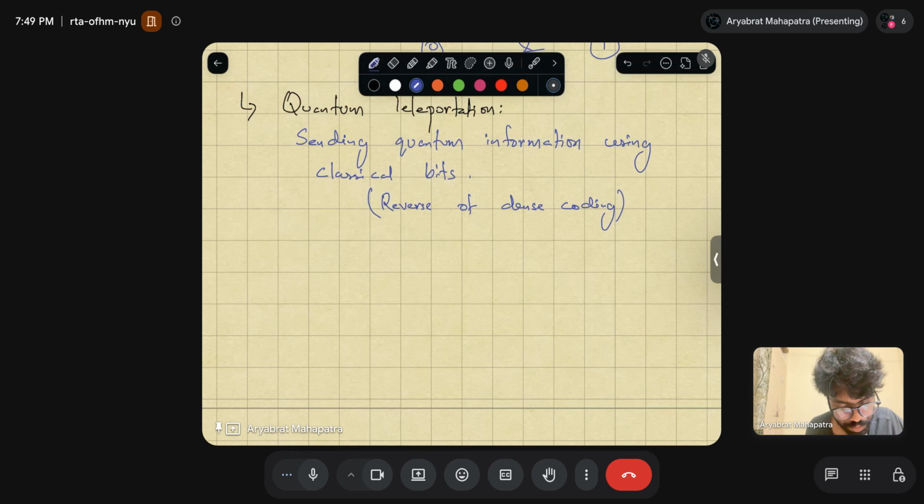Now what we are trying to do here: let's say we have a qubit.